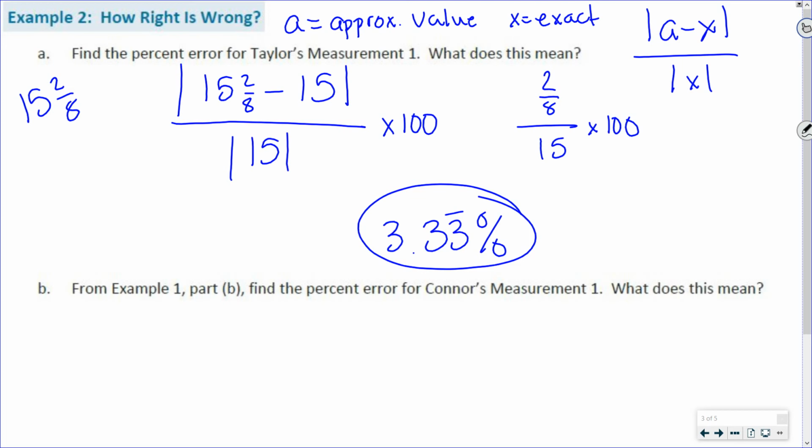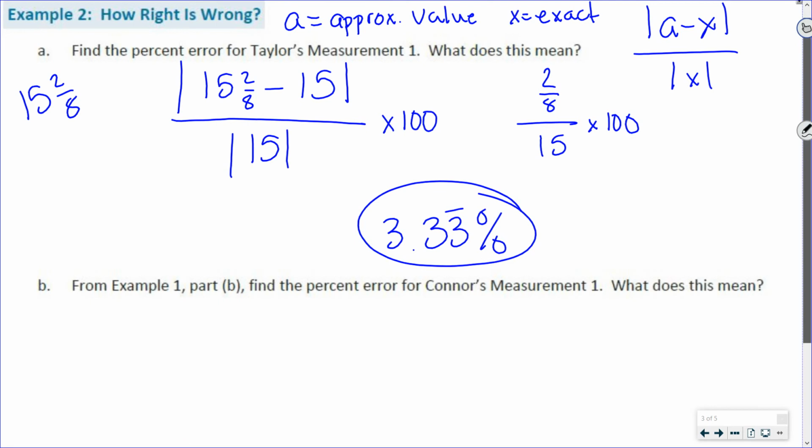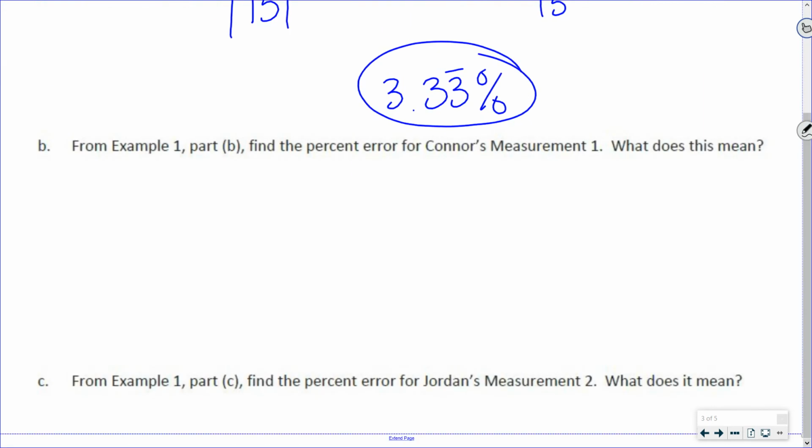All right, so part B. For example 1, part B, find the percent error for Connor's measurement. What does this mean? Okay, now you should be looking back in your book. What was Connor's measurement? If you go back to part B, you find out that Connor's measurement error was a 1/2 inch. Okay.